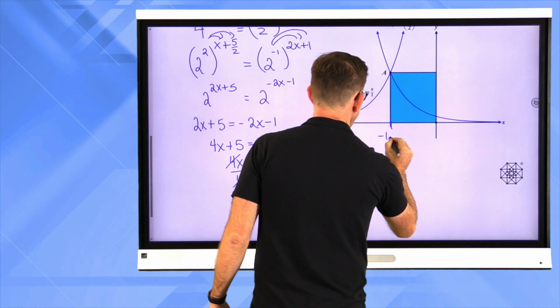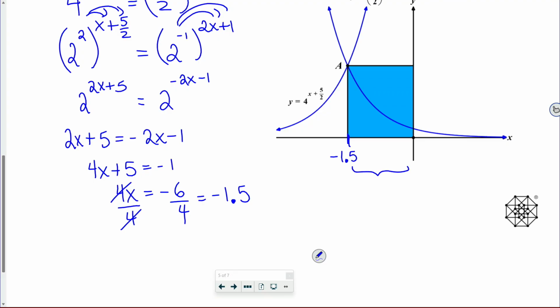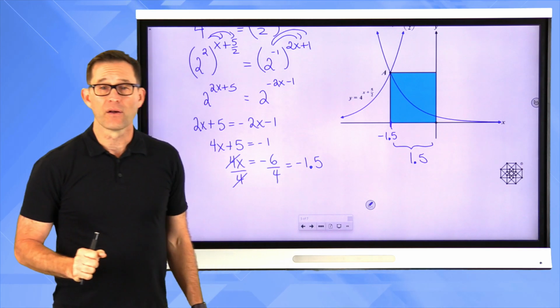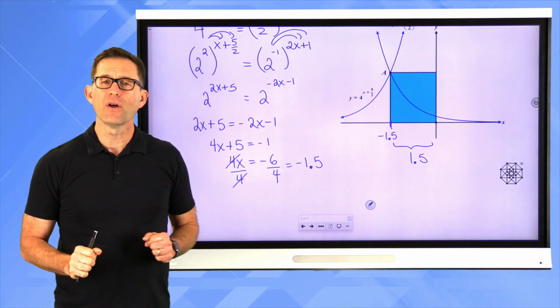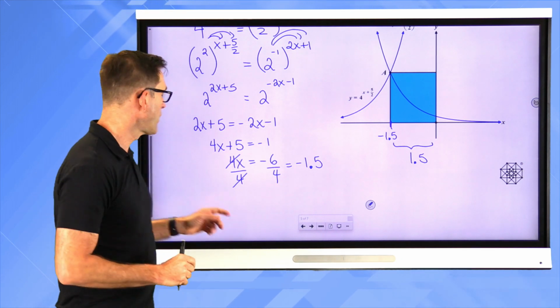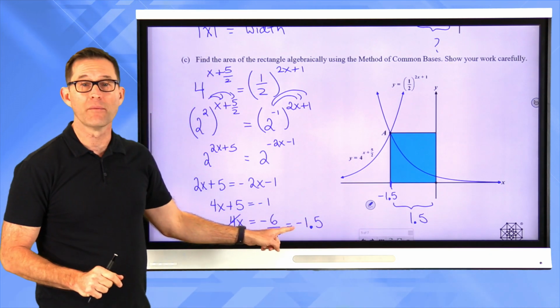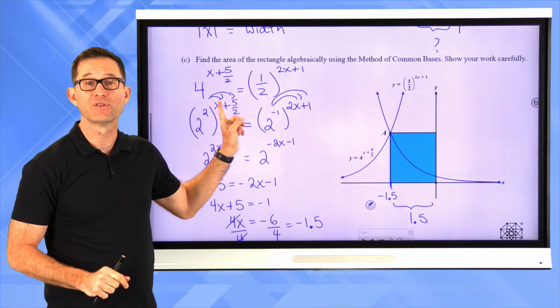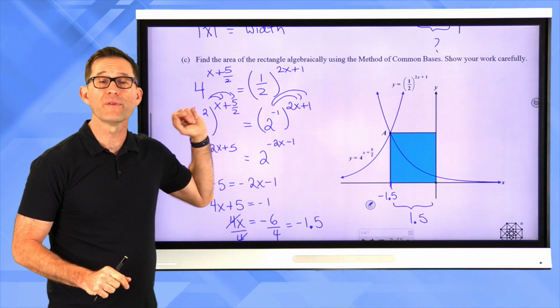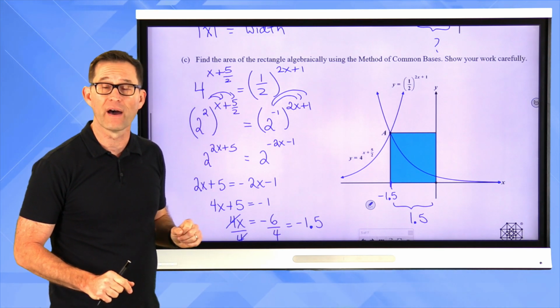Now, of course, what that tells me, and we discussed this already, is that the width of the rectangle is 1.5, but I still need to know the height. And in order to get the height, I can take my x value of negative 1.5 and substitute it into either this equation or this equation to figure out what the y value is.